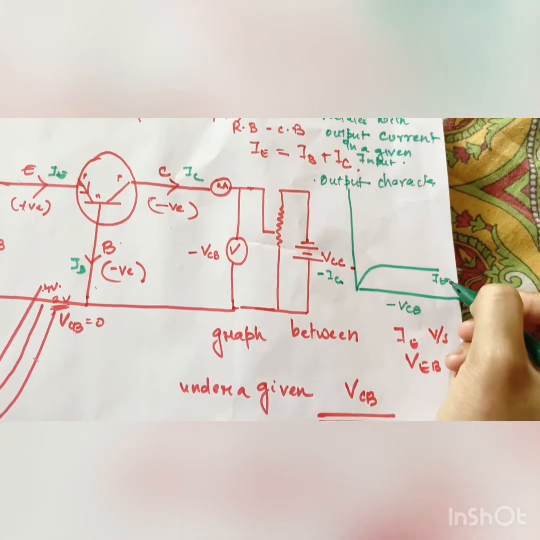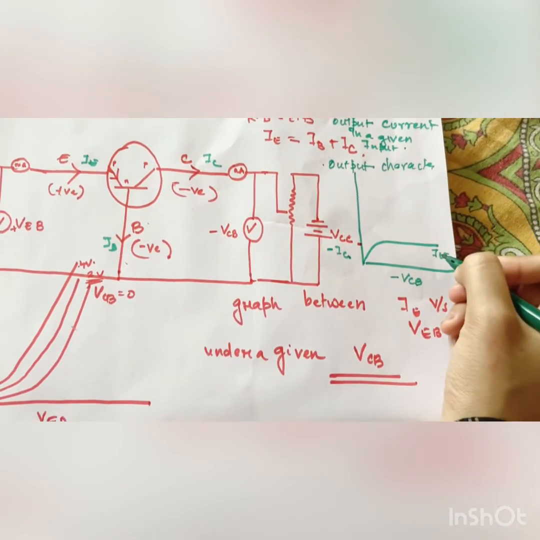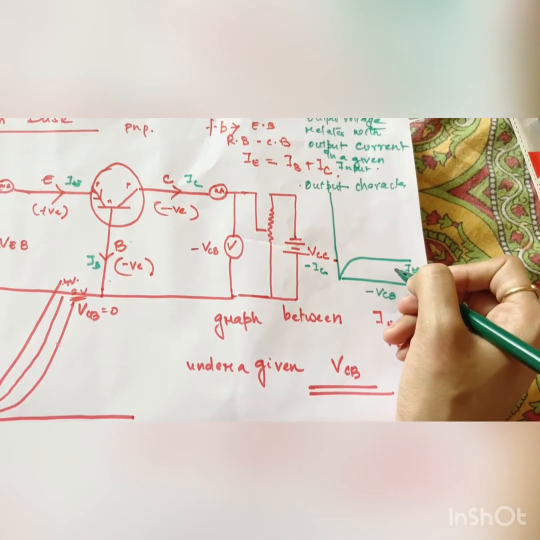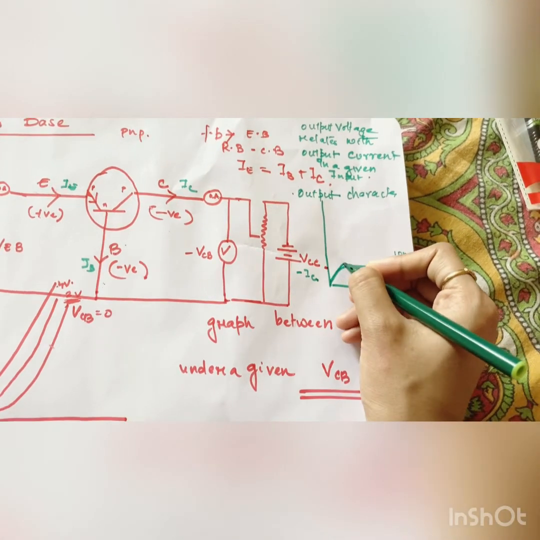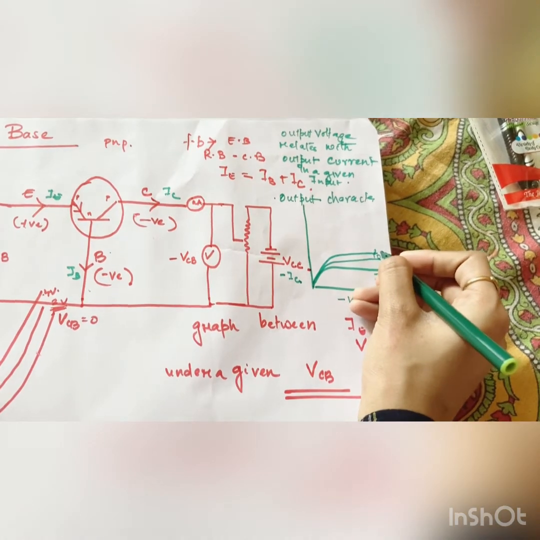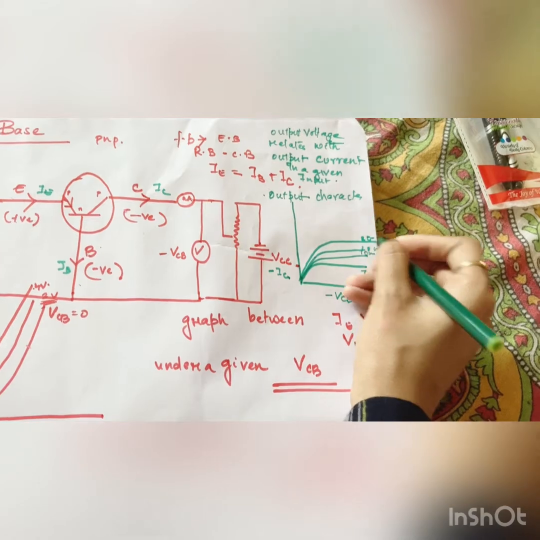For IE equals 0, the current voltage characteristics will be like this. For example, with IE 10 milliampere, it will be like this. Then with IE 20 milliampere, like this. Then IE 30 milliampere, like this.